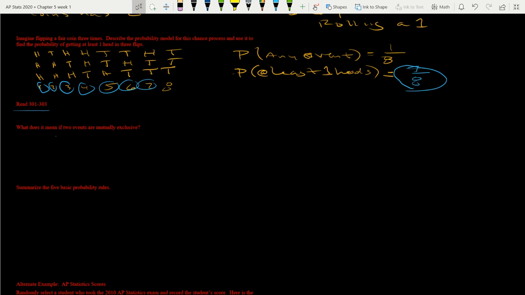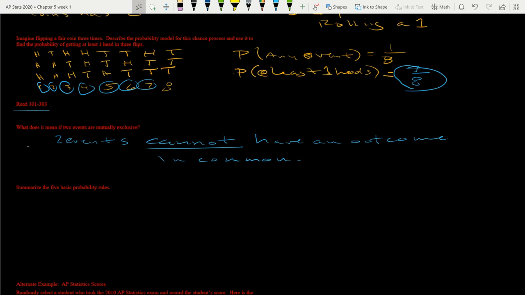That means that the 2 events cannot, period, have an outcome in common. So in other words, you can't have a heads and a tails. So let's take a coin flip.